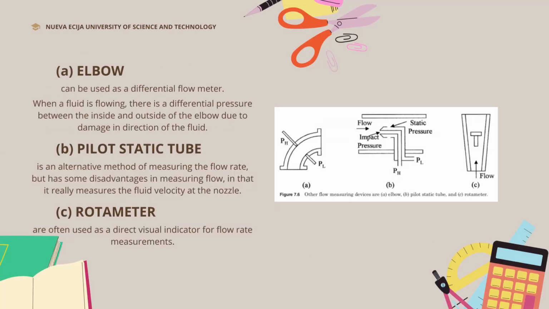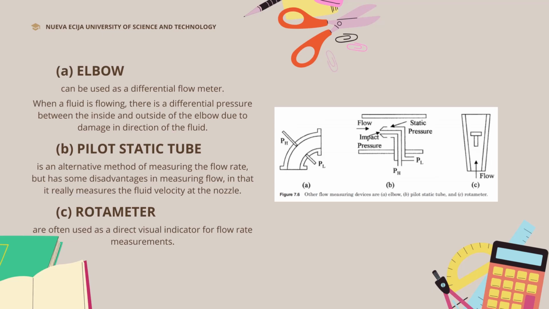Ito yung mga iba pang part ng pipe. A, elbow. Ito yun, yung unang picture na sa kaliwa. Elbow can be used as a differential flow meter. When a fluid is flowing, there is a differential pressure between the inside and outside of the elbow due to the change in direction of the fluid.